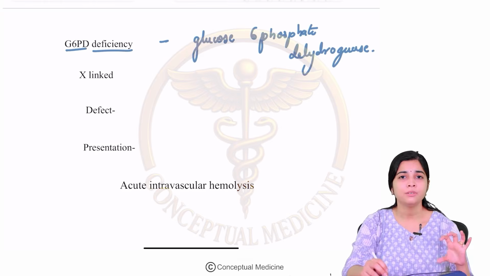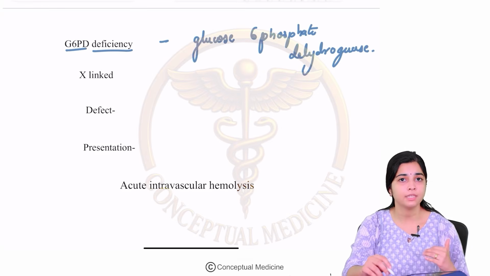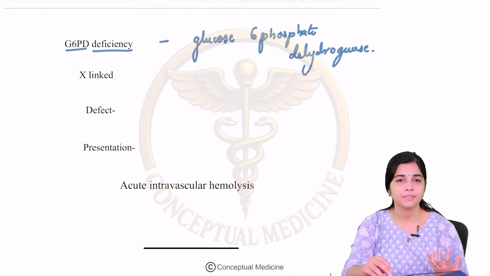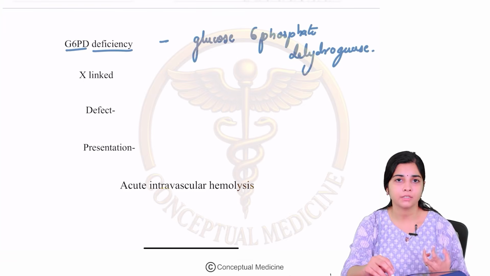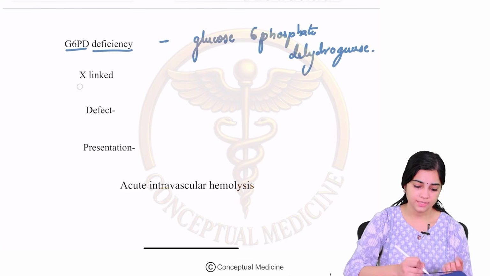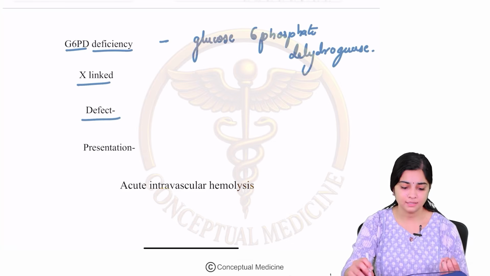Okay, so we know that the RBC doesn't have a nucleus and it heavily depends upon the glycolytic pathway for its function. So whenever you have a G6PD deficiency, there is a problem with the glycolysis, resulting in hemolysis. So this is usually an X-linked defect, inherited in an X-linked manner.